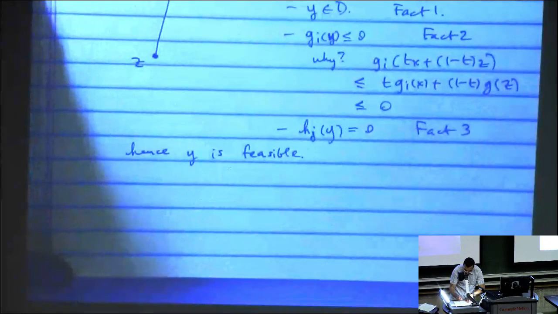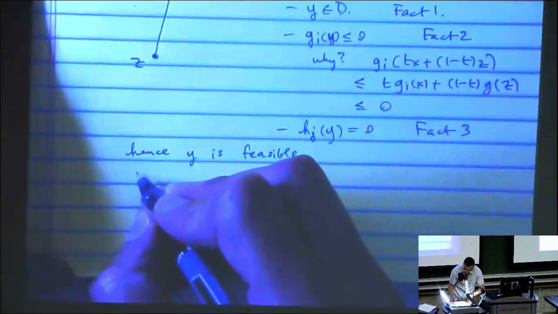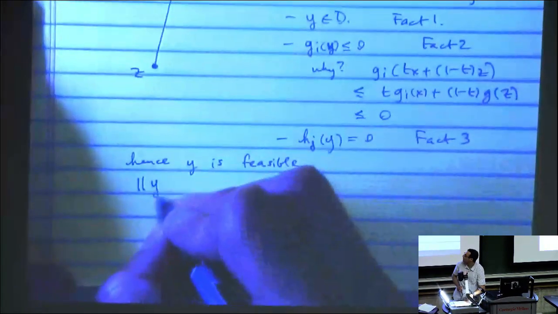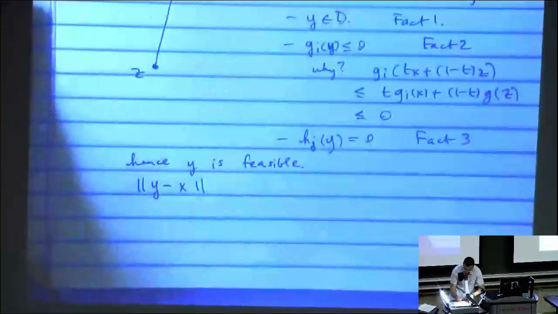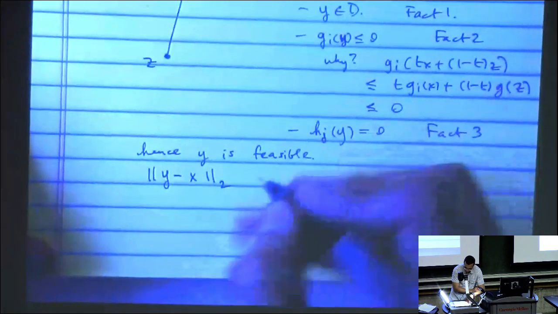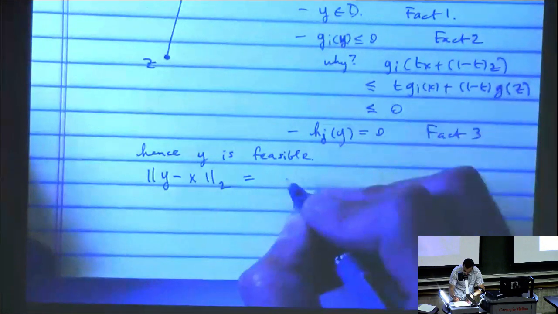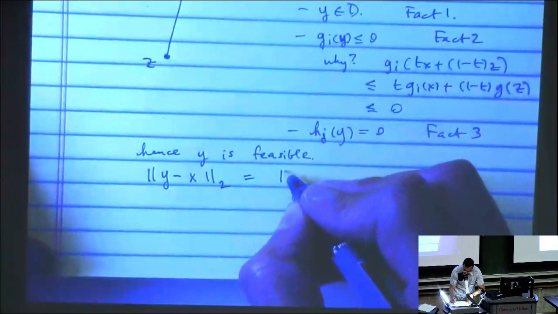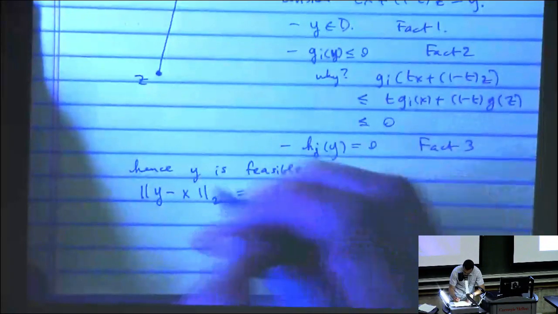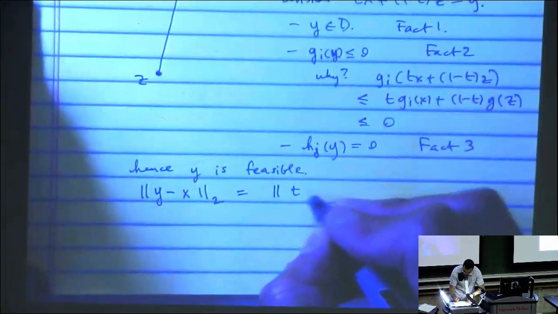Okay, and now let's look at the norm of y minus x. This is going to be the norm of t x plus (1 minus t) z.